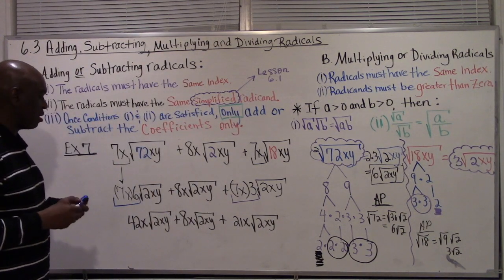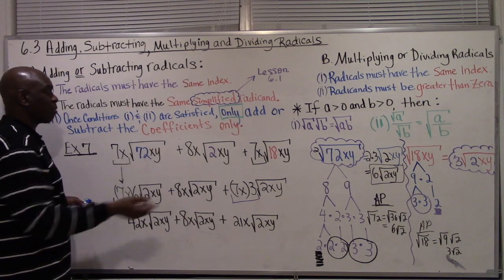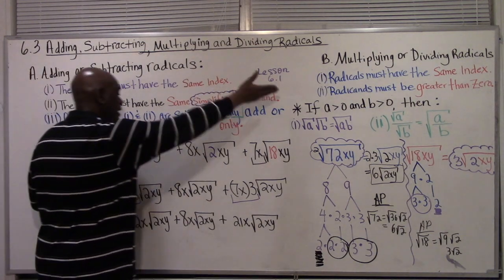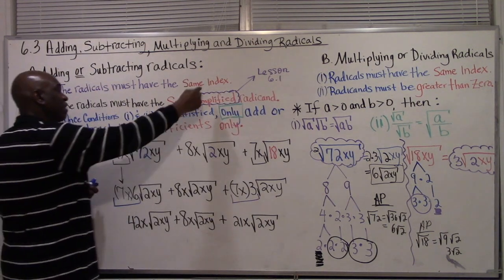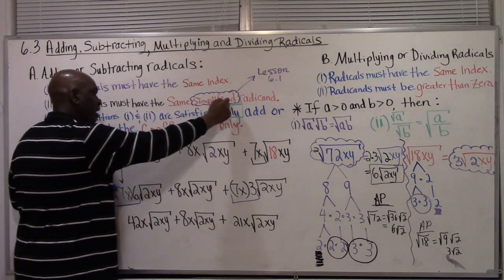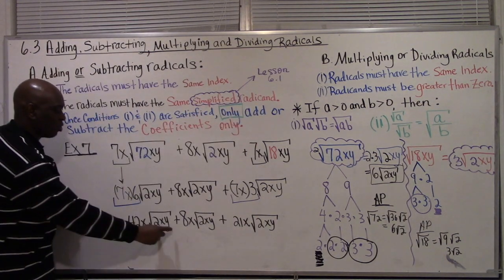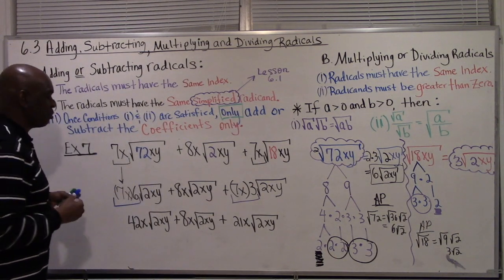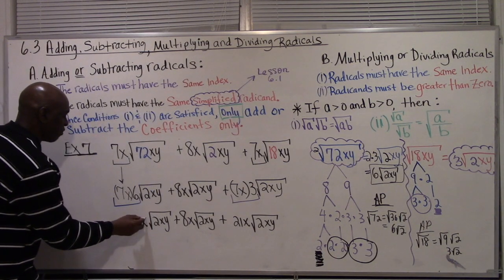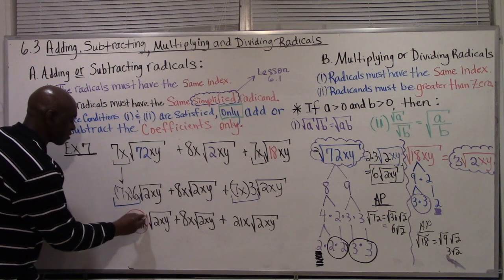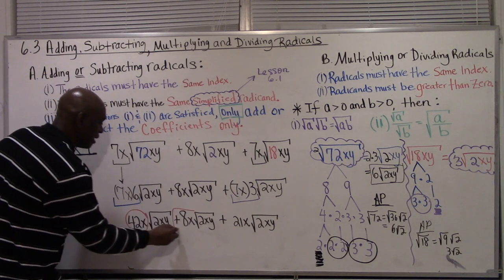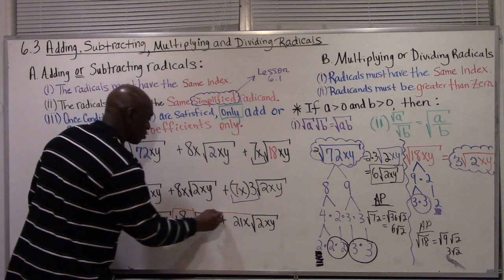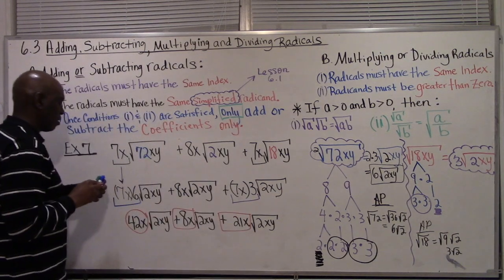Okay, so all that work, all that process to get to our simplified radicand, now we have it. We all have the same index, and we have the same simplified radicand now. 2xy, 2xy, 2xy. So the only thing left to do is to combine our coefficients. Combine 42x with a plus 8x with a plus 21x.